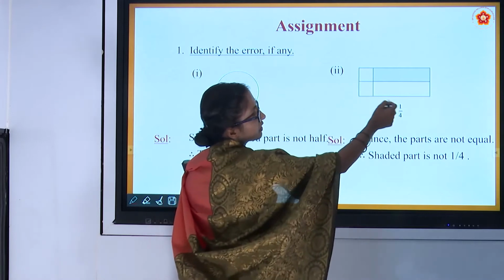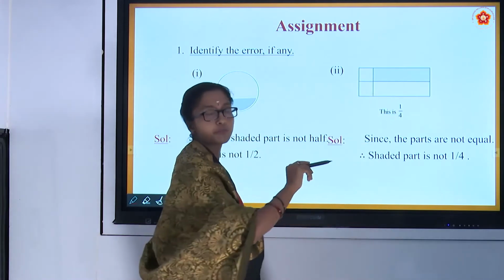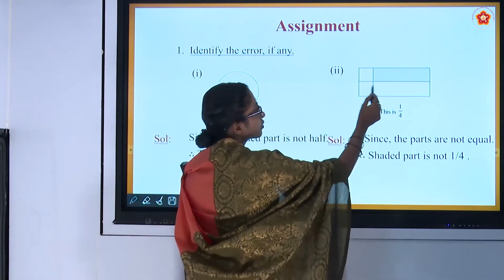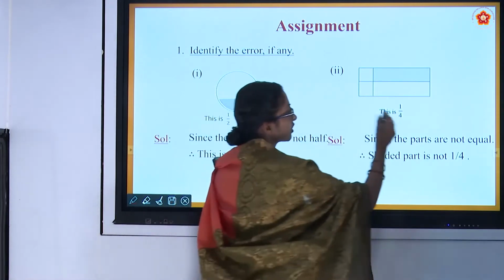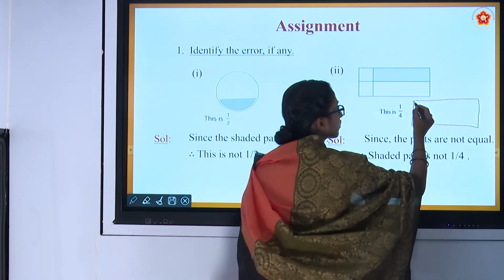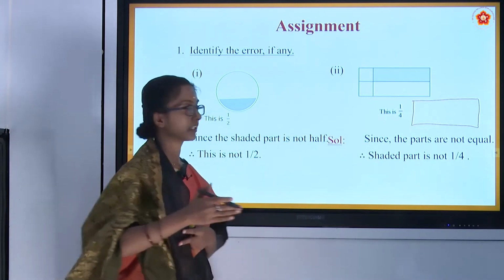Second figure. They are saying that there are four parts and one part is shaded. For sure, 1, 2, 3, 4, there are 4 parts, but they are not equal. What does a fraction mean? Division must be equal. A whole thing should be divided equally, right?